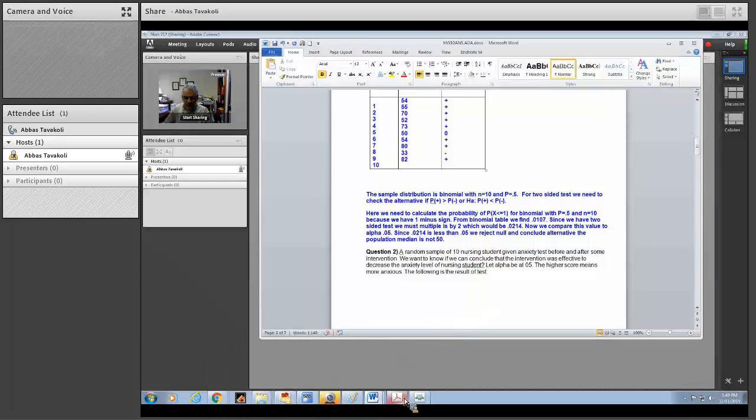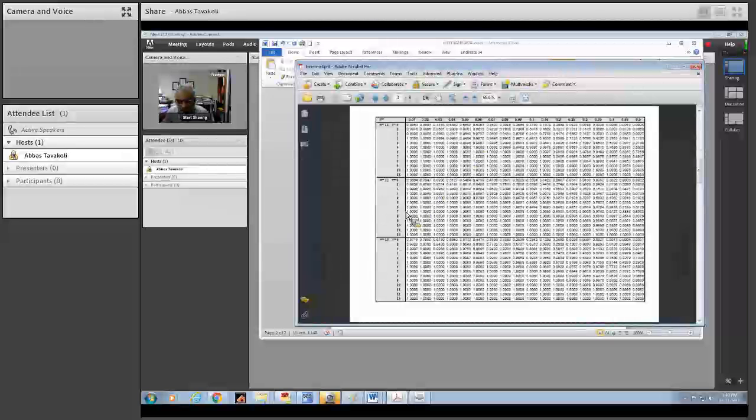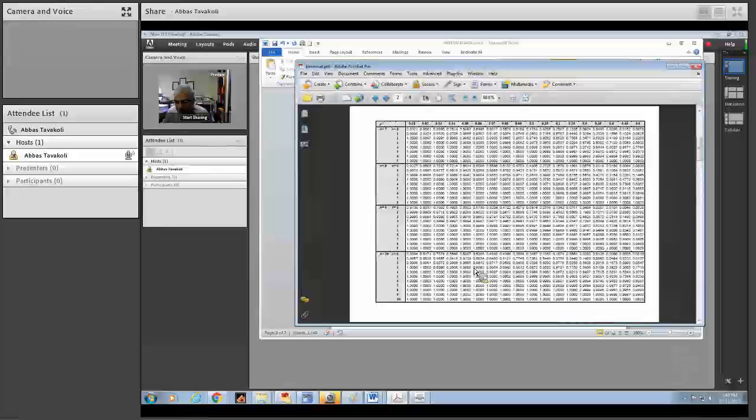And the way you look at the binomial table is you find your n first. Our n was 10, and then you find 0.5. For less than or equal to 1, these are cumulative, so you find 1 here, and this value is 0.0107.